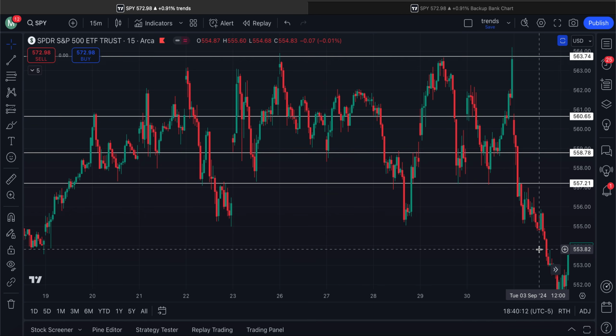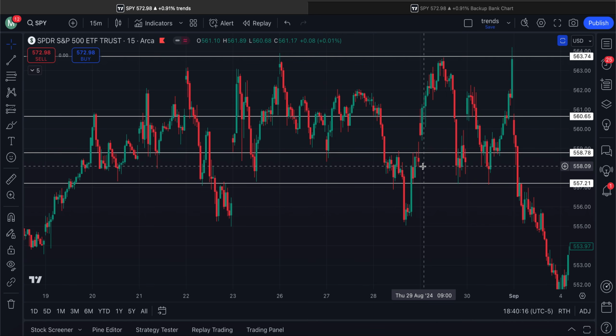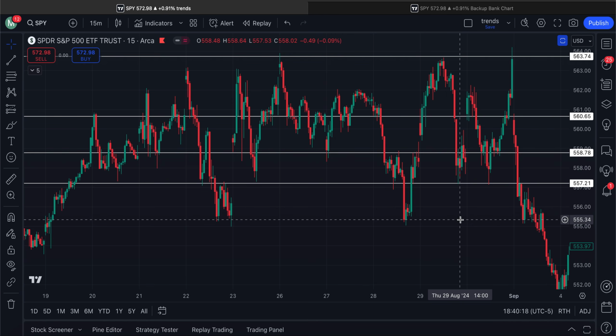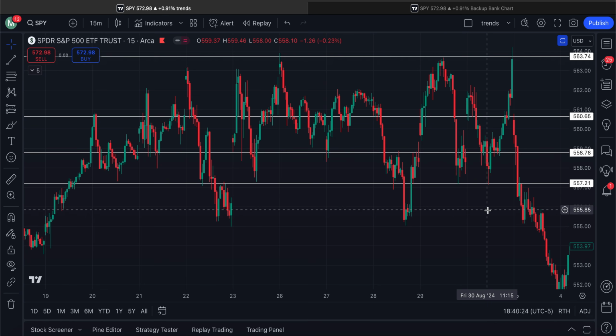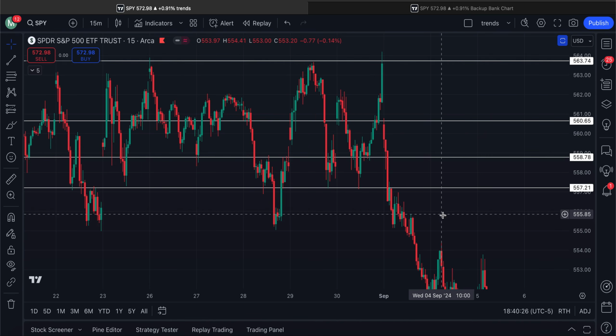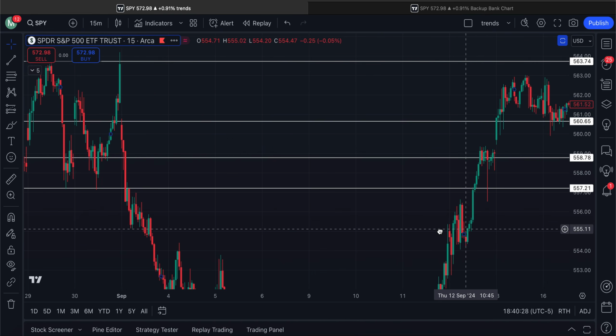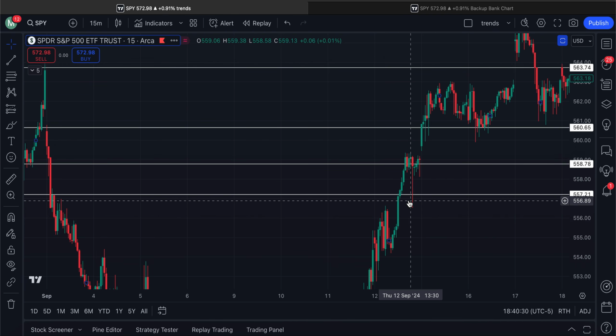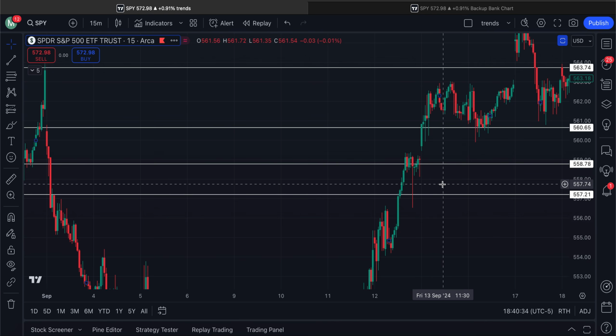557.21. Some levels might be a little bit tighter because the tighter levels might have a little bit more chop area between them, so keep that in mind. I usually keep that in mind when I'm playing chop days. And 557.21, I'm just going to see how it looks over here. Looks good, closed above it, tested it, continued seeing the upside.